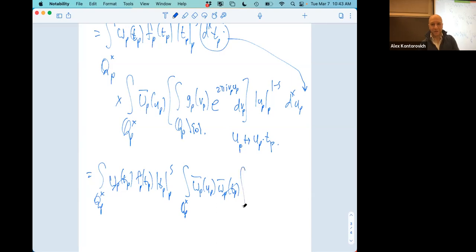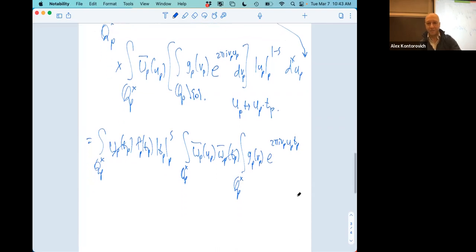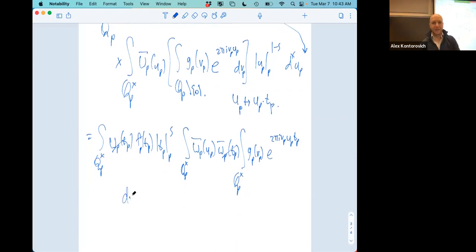So this is an integral also over Q_p cross: g_p of v_p, e to the 2πi v_p, u_p has been replaced by u_p times t_p. Then there's a dv_p, which is just hanging out. So dv_p, so far so good.